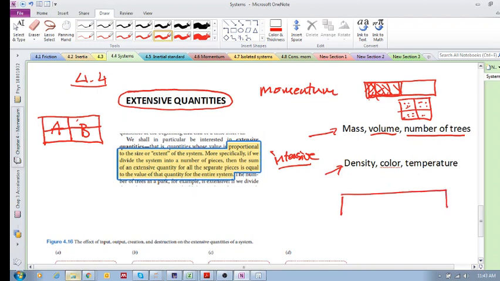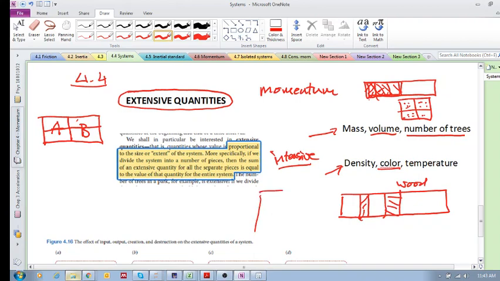So let's again look at the plank, a wooden plank, okay? Do you agree with me that the density of the entire plank is the same as the density of this small section here, is the same as the density of this section here? The density doesn't change depending on the size of the plank. Okay? The same with color.